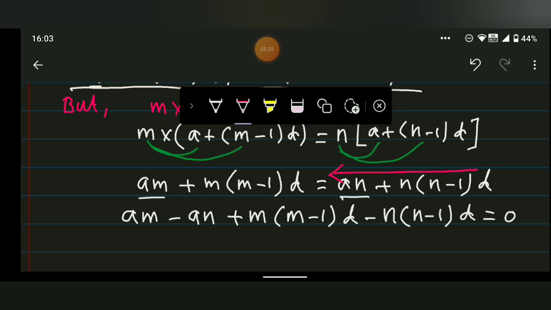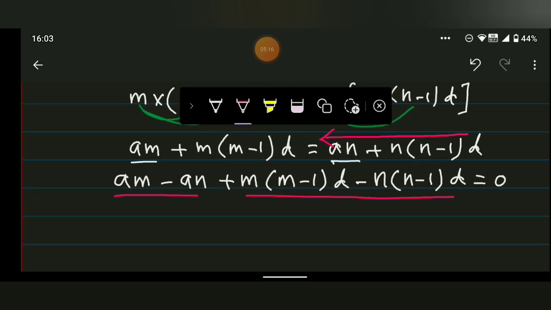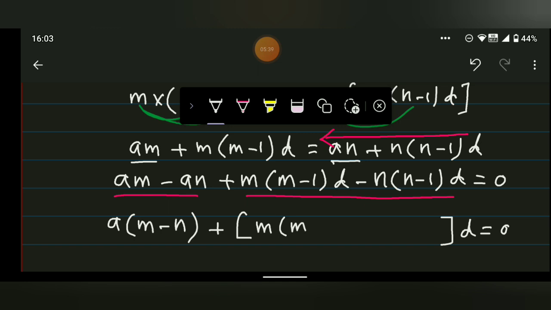Now we have a pair of terms. This is the first pair and this is the second pair that we are going to consider. From the first pair we can very easily take a as common, so in the bracket we get m minus n. Similar to the last example, we can take d as common. Then in the bracket there is m into m minus 1 minus n into n minus 1.